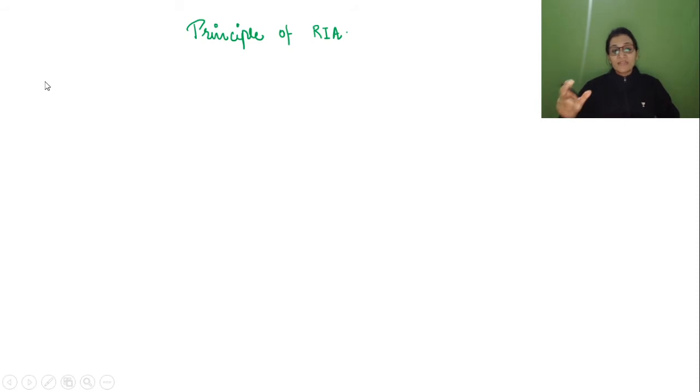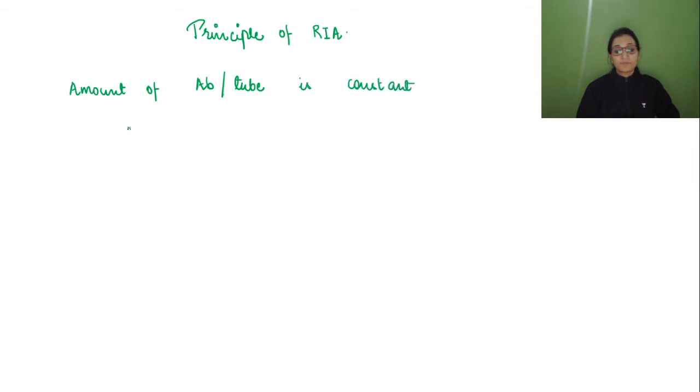The amount of antigen which is to be added from outside, which is known or unknown, is the variable parameter.